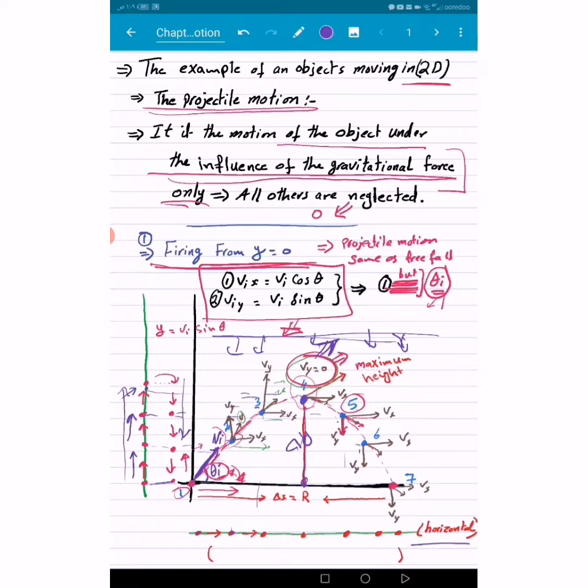So in horizontal, in the x-axis, there is no effect, no force. The object just changes its position with time. It's the same as an object moving in one direction, for example in the x-axis only, changing its position with time.